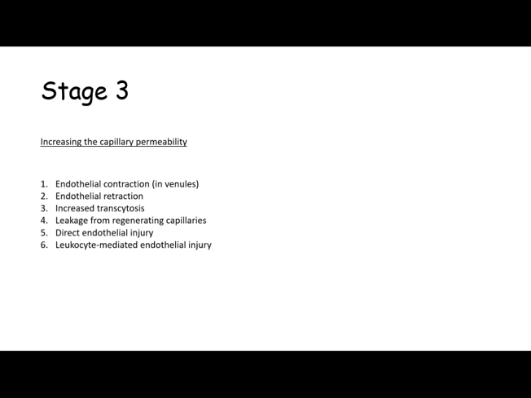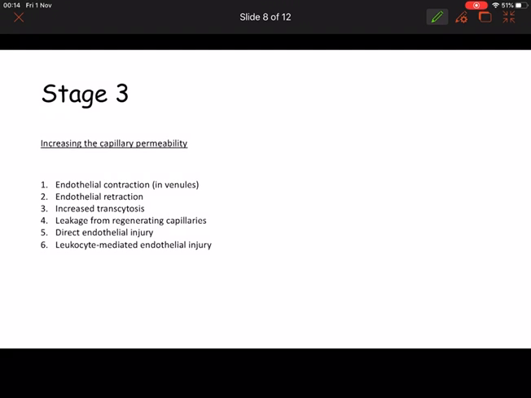The first step playing a role in increasing capillary permeability is endothelial contraction. This occurs mainly in the venules. So why in the venules? Because the number of histamine receptors present there is more than at any other site. This process is generally short-lived and is followed by endothelial retraction, which involves a change in cytoskeletal structure.